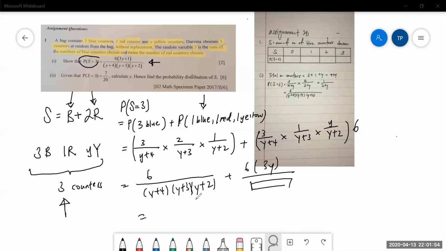So if you add them up together, you will get 6 bracket 1 plus 3y over y plus 4, y plus 3, y plus 2. Shown. Okay?